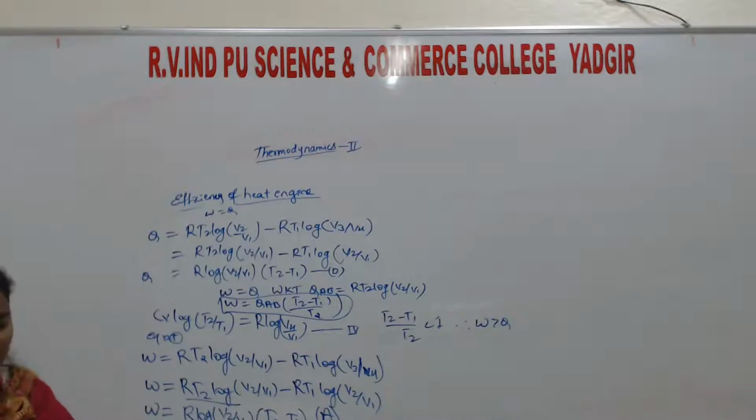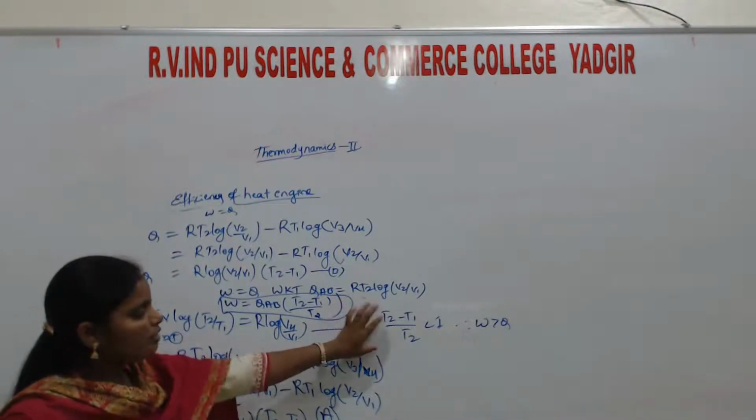In other words, only part of the heat absorbed by the system at temperature T2 is converted into useful work.